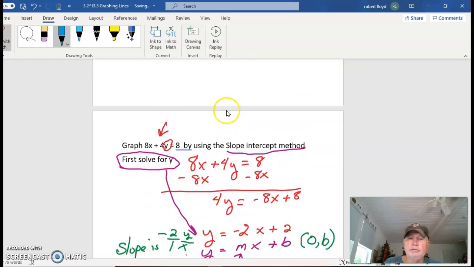And lastly, we're going to use the slope-intercept method. So the slope-intercept method means we have to get it into this form, y equals mx plus b. So m is the slope, and b is the y-intercept.